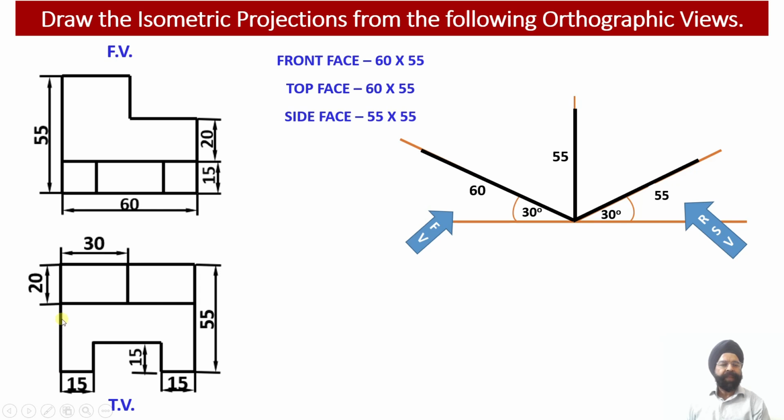So this is the horizontal web which is lying onto the base, and besides this horizontal web, we have got a vertical web in this solid on the rear side.